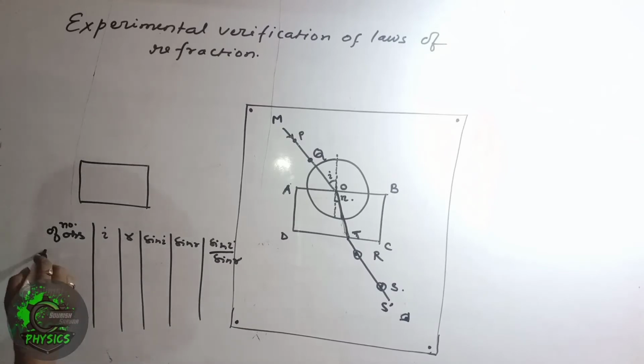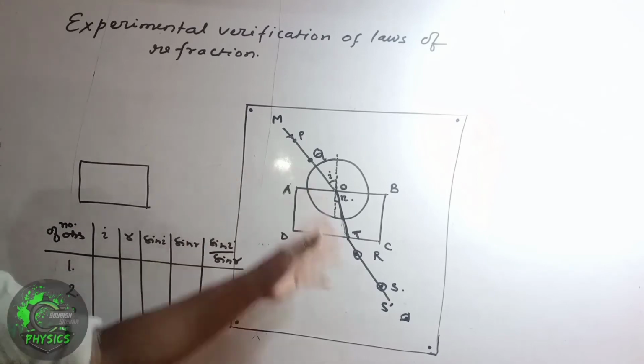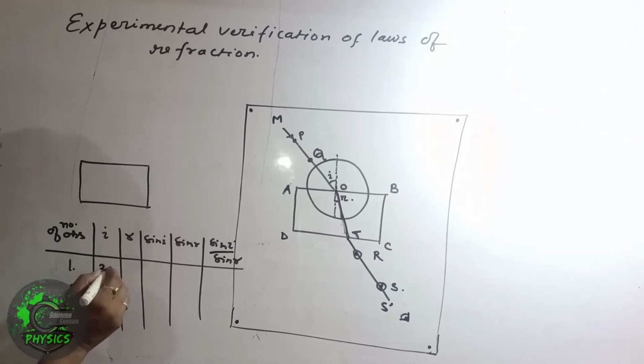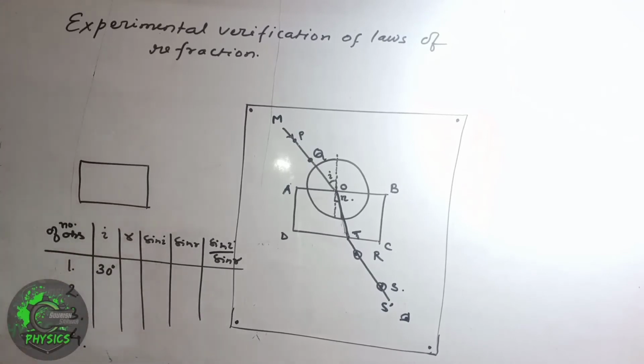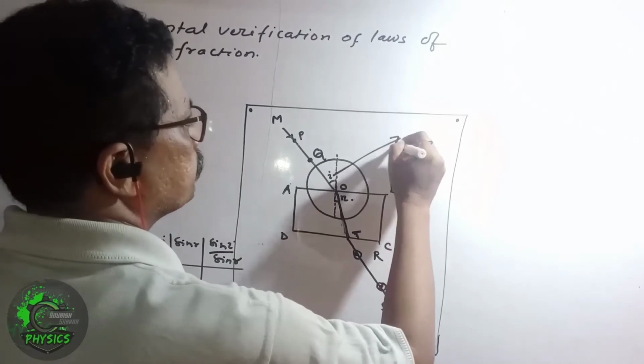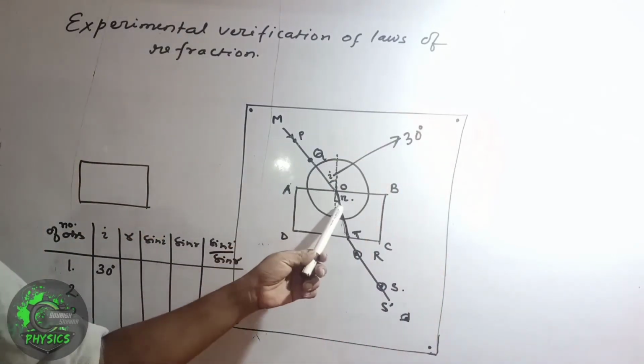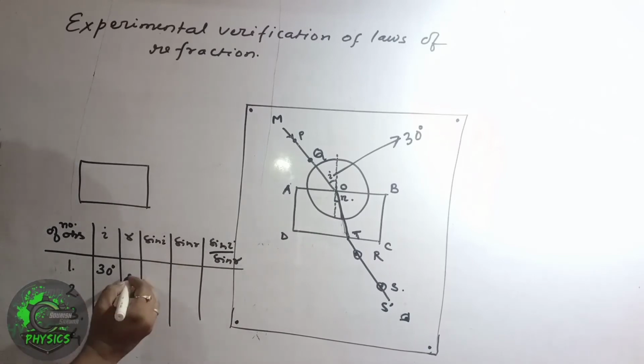Now suppose observation 1, observation 2, observation 3, observation 4. Suppose you are taking 4 observations. For the first observation, suppose you are trying with angle of incidence 30 degrees. Now the corresponding value of R you get and write it here.